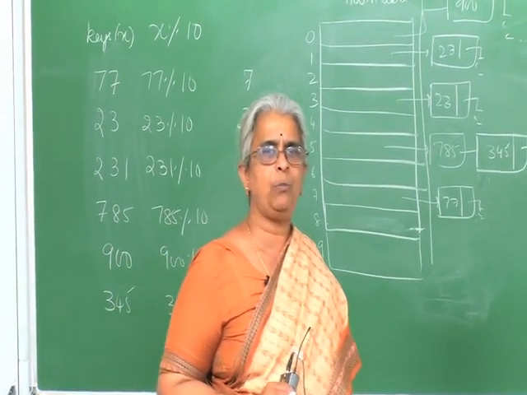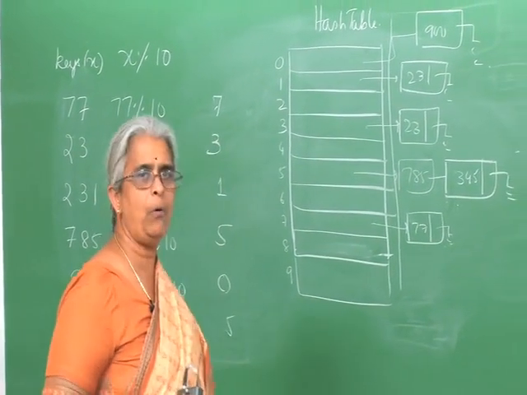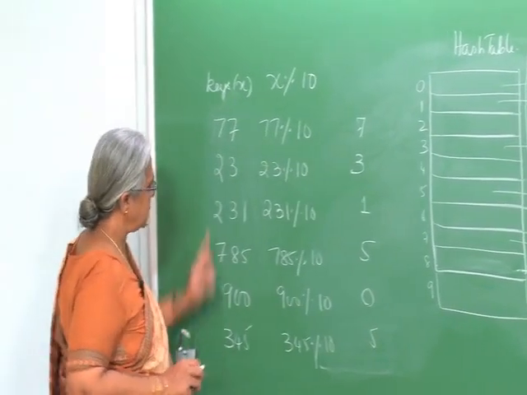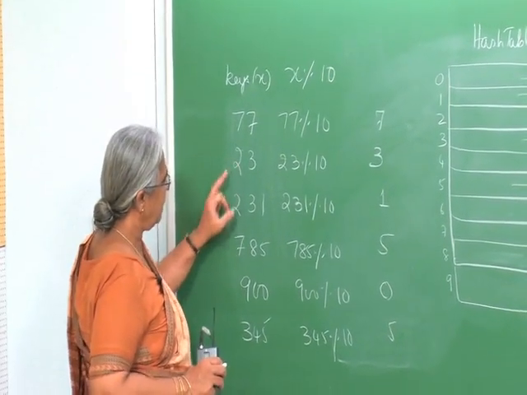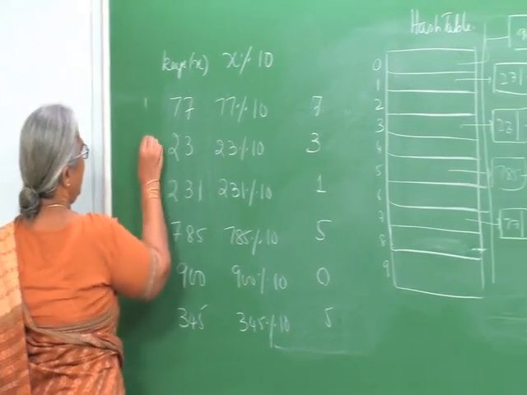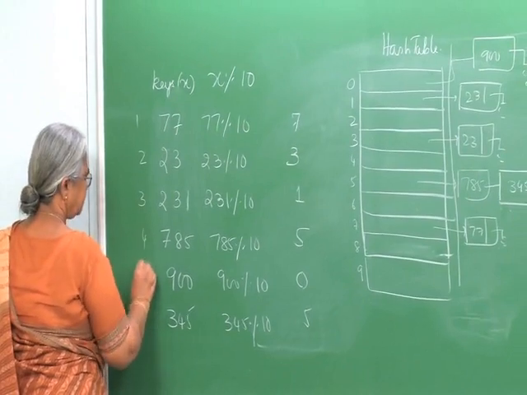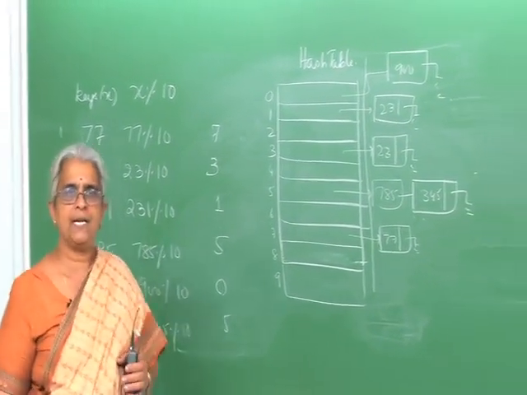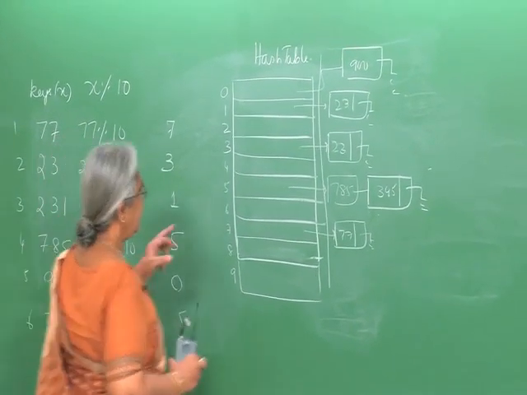Now what are you supposed to report? You are supposed to report the index of the element in the input list. So the input list I gave is 77, 23, 231, 785, 900 and 345. If you look at the numbers, this is the sixth element in the list where the collision has occurred. And what is the bucket index?